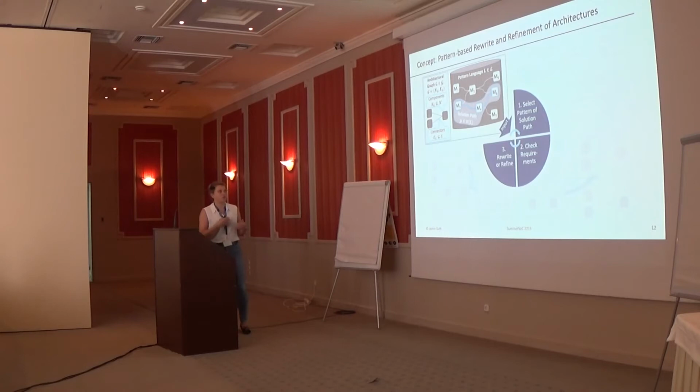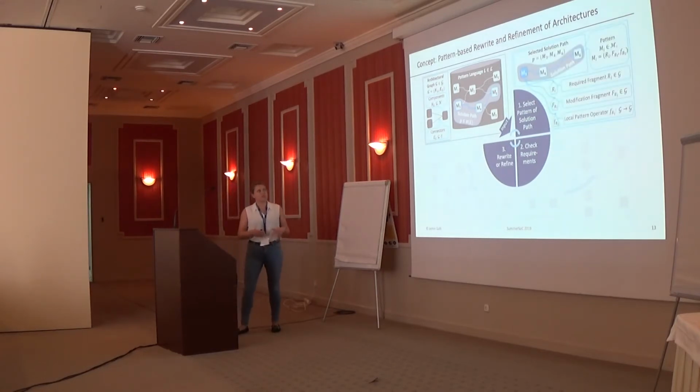And then we have 3 steps, so we have an iterative approach. Within the first one, we select the pattern which should be applied in this step. As I already said, the solution path defines the application order, so in this case, we start with the first one, and each pattern consists of 3 parts: the required fragment, the modification fragment, and the local pattern operator.